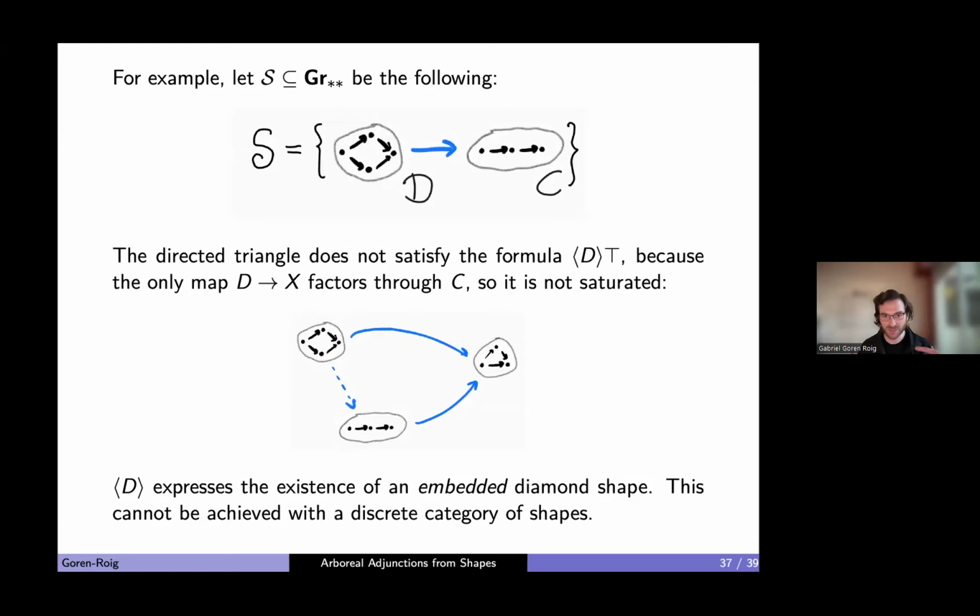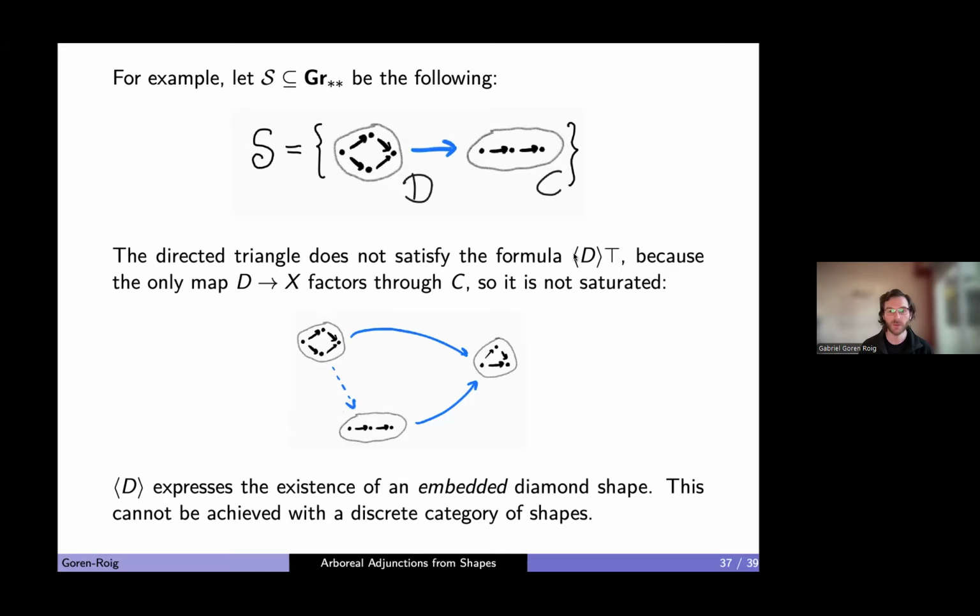I'd like to give an example again with this example category of shapes, with the diamond graph and the collapsed diamond graph, and the same situation where the unique map from the diamond graph to the triangle actually factors through this morphism, which is part of the category S. So when we ask, does this formula hold in the directed triangle?